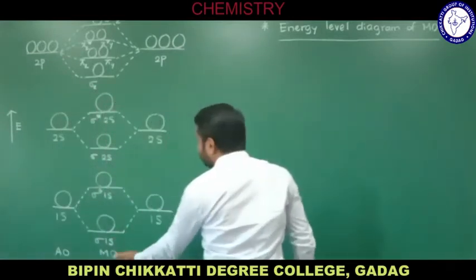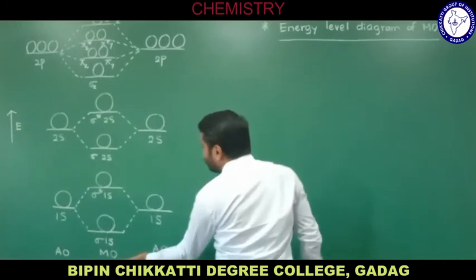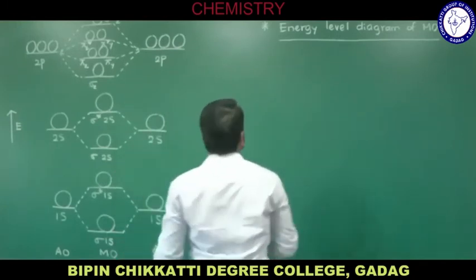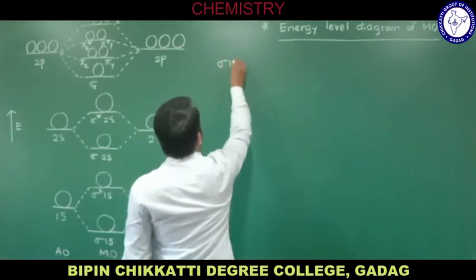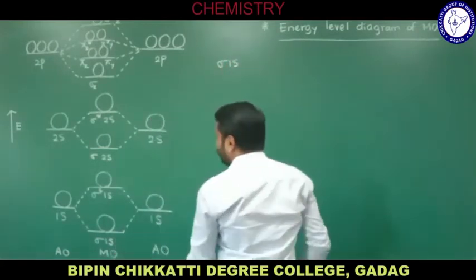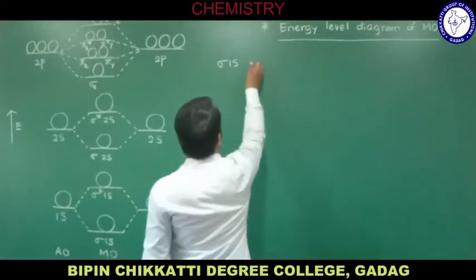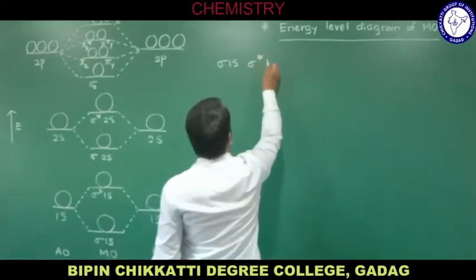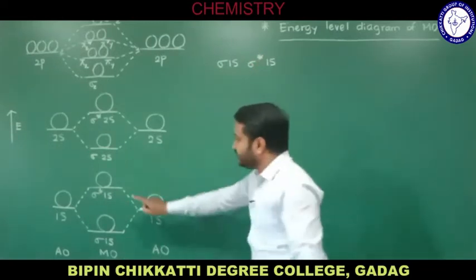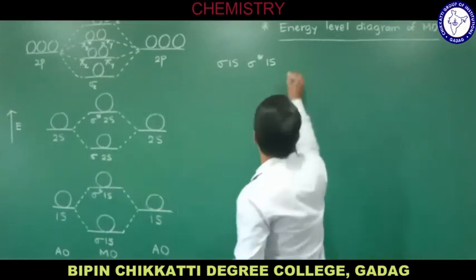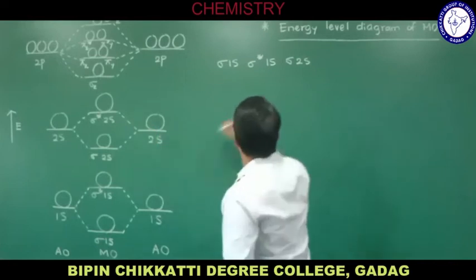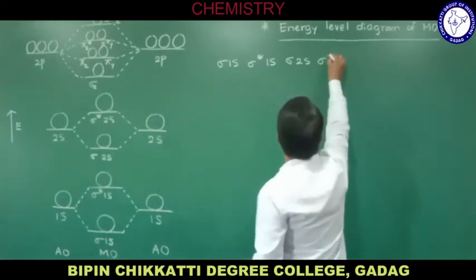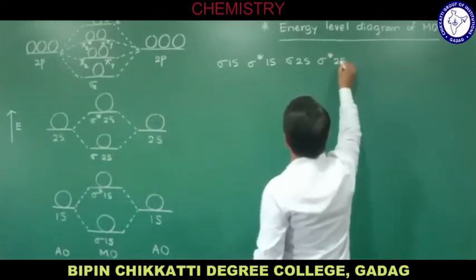So first, as I mentioned, energy is moving from bottom to top. So the least one will be sigma 1s. So let me write here. So observe here, sigma 1s. I am going to write molecular orbitals, and after that we have sigma star 1s, isn't it? And next, after this we have sigma 2s, and after that we have sigma star 2s, isn't it?